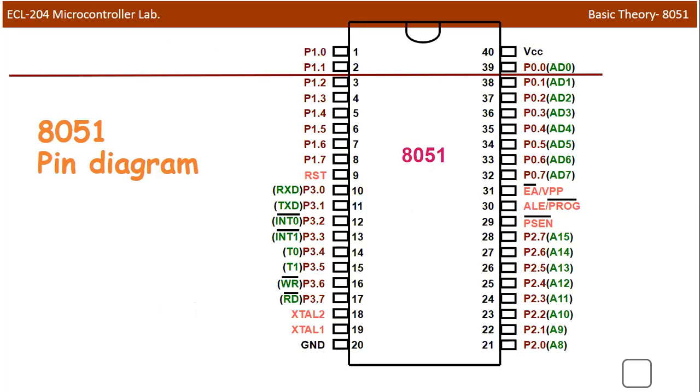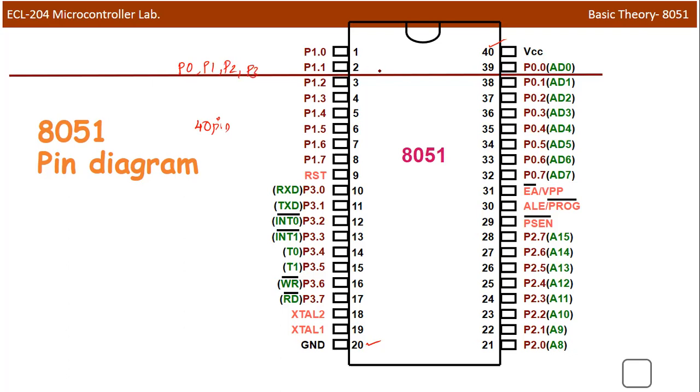Now we will discuss the pin diagram. The 8051 is a 40 pin IC. Here you can see that pin number 40 is VCC and pin number 20 is the ground connection. We will apply the power supply through these pins. A plus 5 volt power supply is normally used for the working of 8051. We already mentioned that there are 4 ports, P0, P1, P2 and P3.